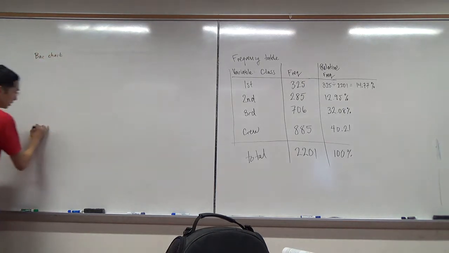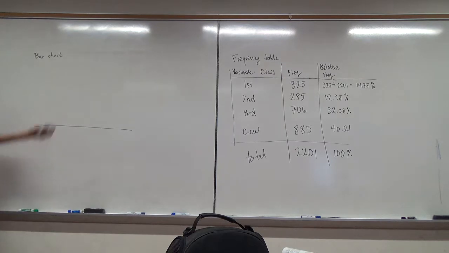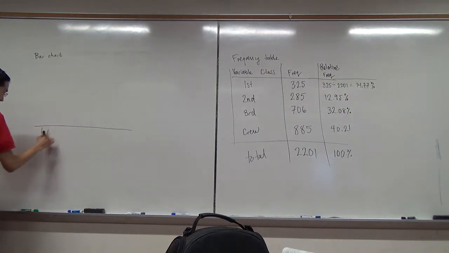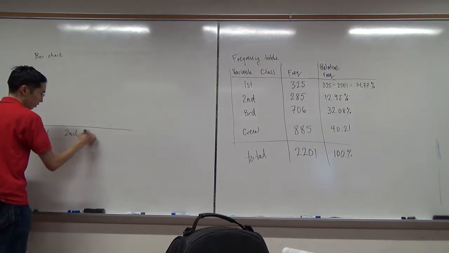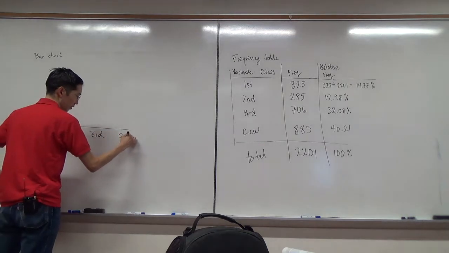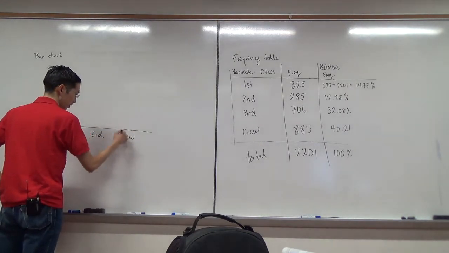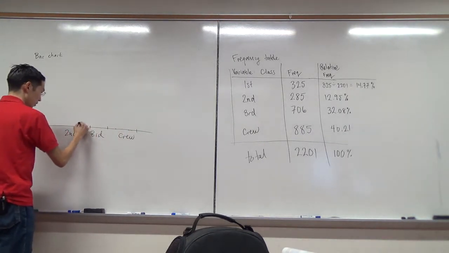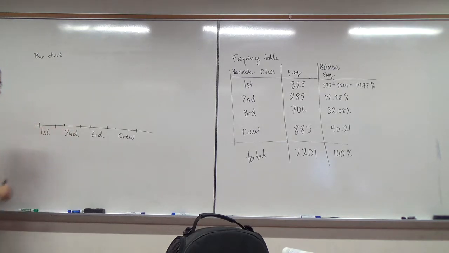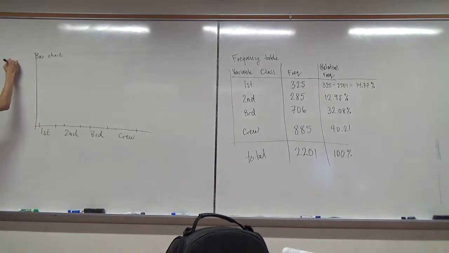Okay. And with a bar chart, we would just list off the different categories that we have across the horizontal axis and the vertical axis would be the frequency.